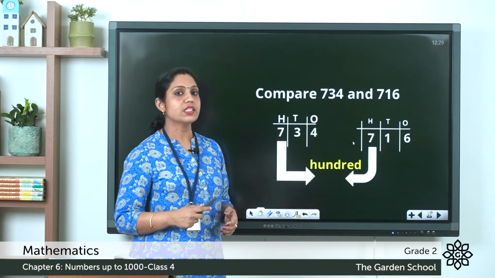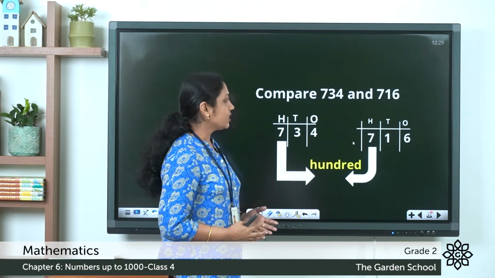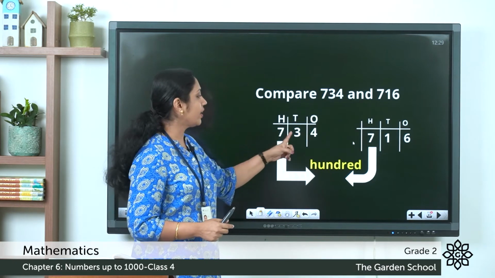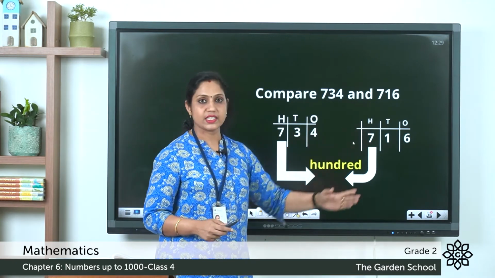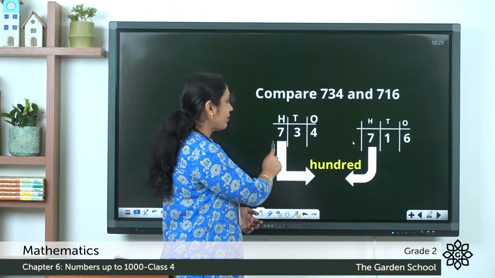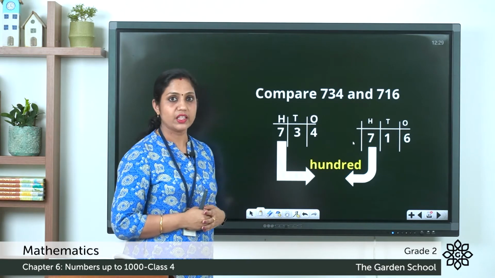Now we compare 734 and 716. In this, both the numbers are 3-digit numbers. So 734 and 716. When we write it in the place value, we have 7 hundreds, 3 tens and 4 ones in the number 734.